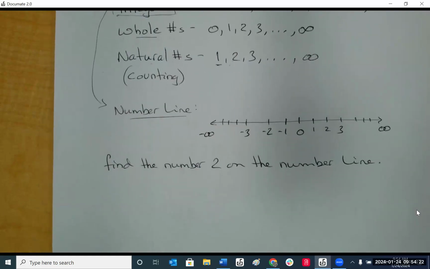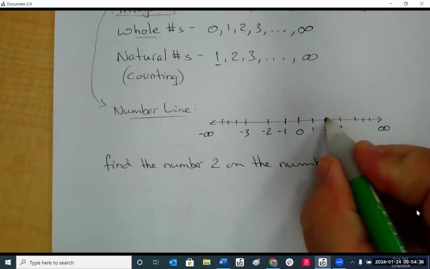Then you were introduced, find the number 2 on the number line. How would you indicate the number 2 on a number line? What would you do? You'd put a dot right there.